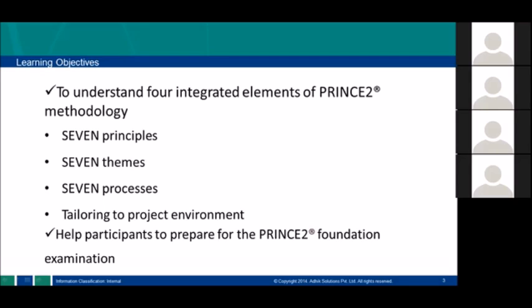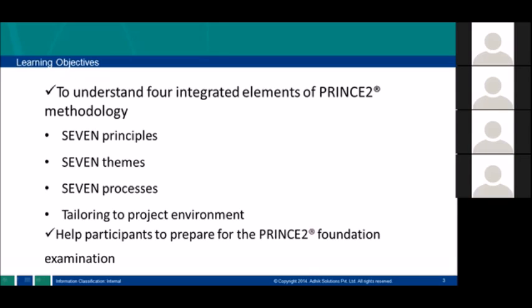Second, we have themes. Themes are my aspects. These are my main aspects where a project manager needs to concentrate, right? If you are managing any project, you have some constraints, you have some aspects. So these are my main aspects, 7 aspects.